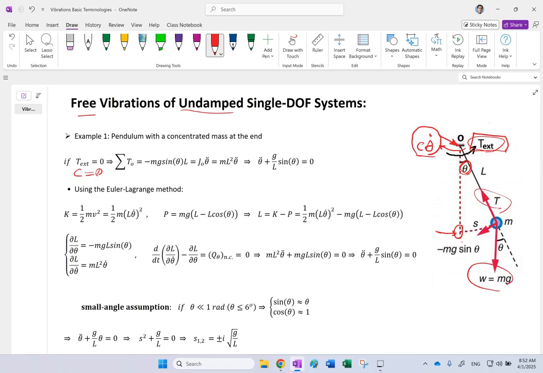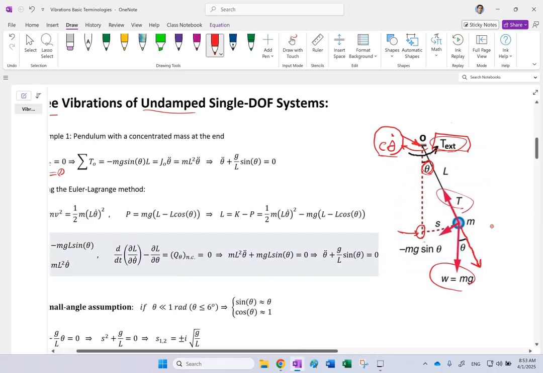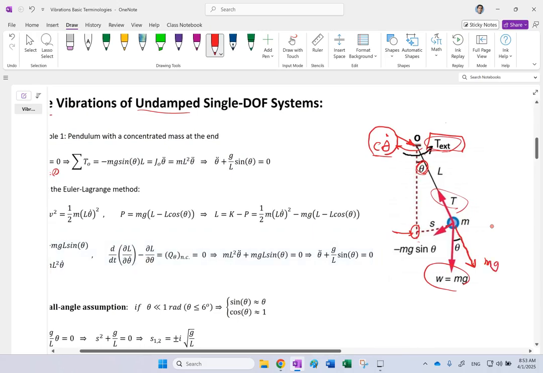Now tension in the rope passes through point O, so it has no moment or torque about it. mg has 2 components, mg sine and mg cosine. The sine one is perpendicular to the rope, the cosine one is along the rope, and so that cosine component will also have no moment about point O. So only mg sine does, and the moment of it is mg sine, the force, times the distance L.